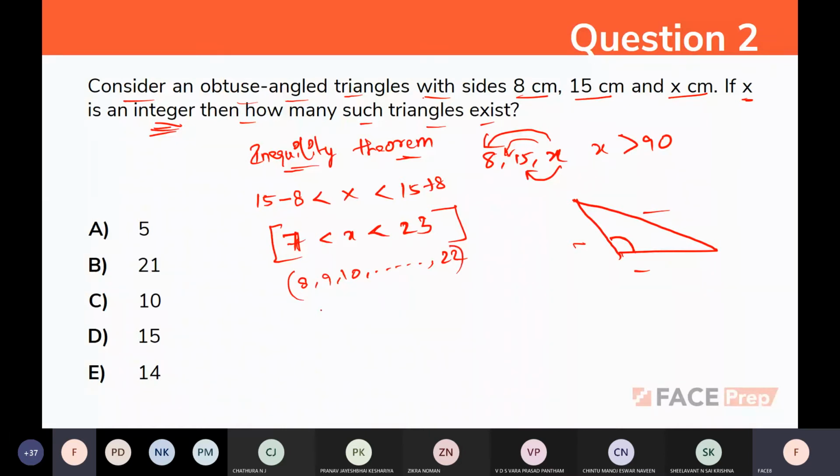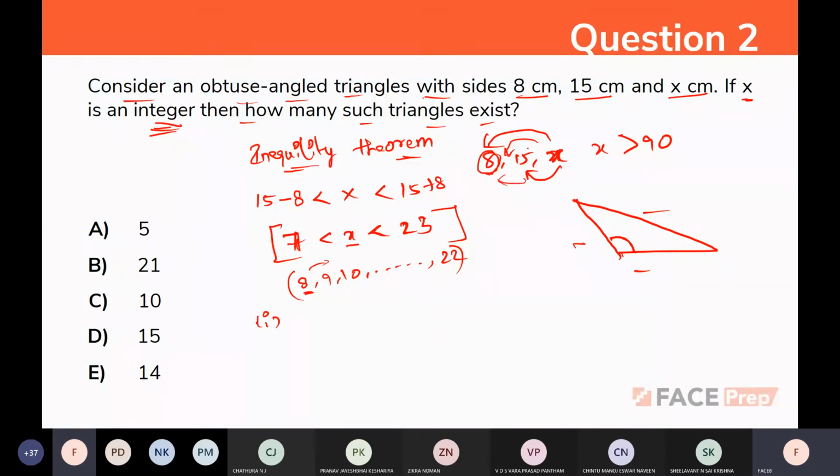Okay, so we have two cases now. Let me tell you what the cases are. We have found x will be equal to 8 or greater than 8. We can come to the conclusion that x is equal to 8 or greater than 8, so we don't need to compare both of them.